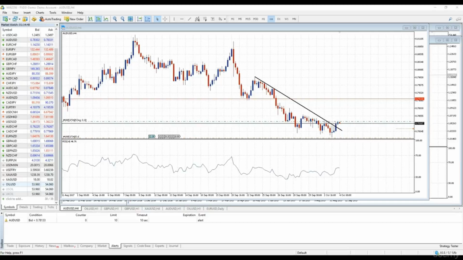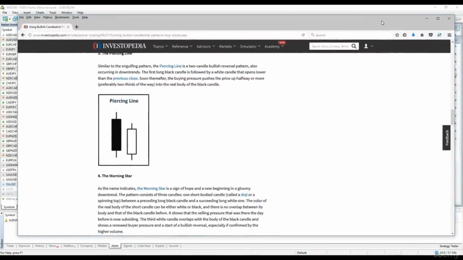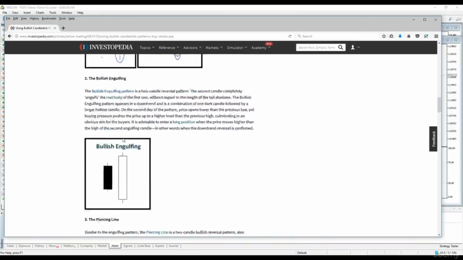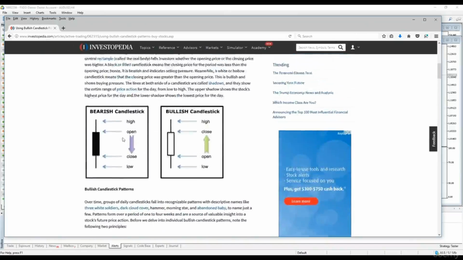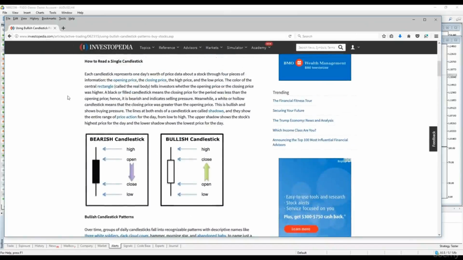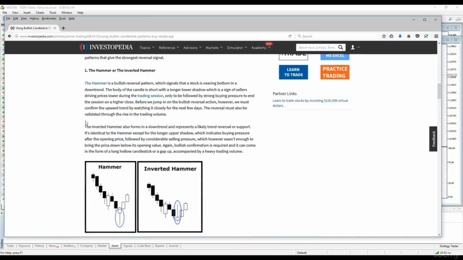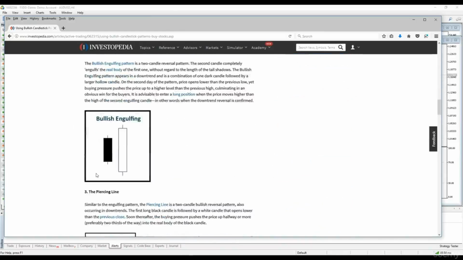So now what I want to do is basically introduce you guys to candlestick analysis. There's a website here, it's called Investopedia, and you can go over to investopedia.com, and I'm just taking a look at this site because it has some good explanation as to what each individual candlestick means. It gives you the name and all that stuff.